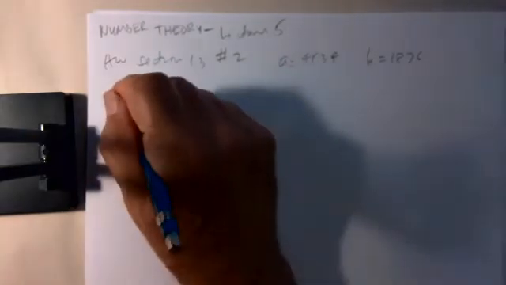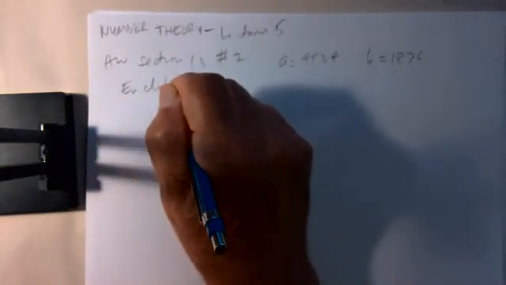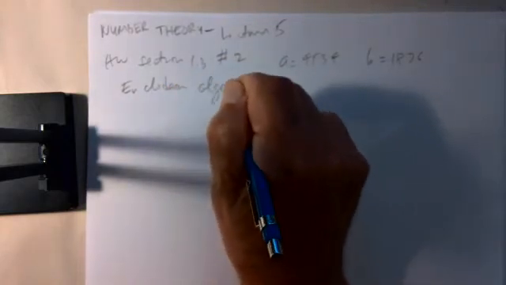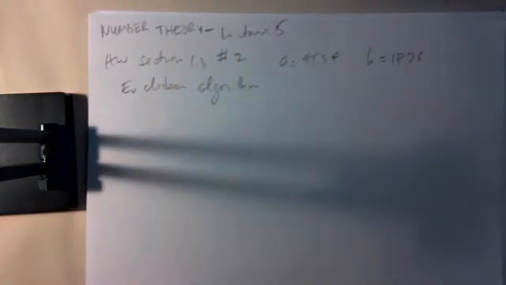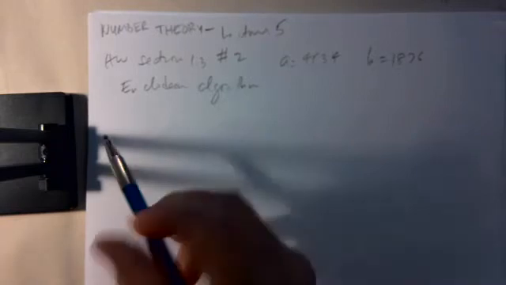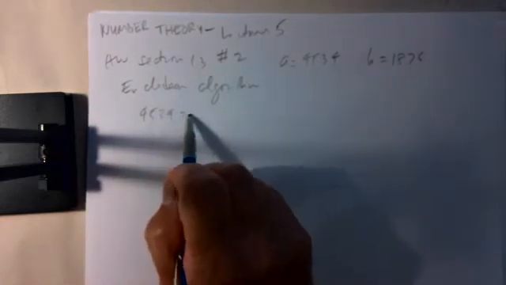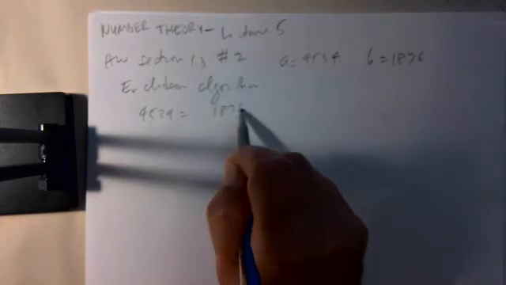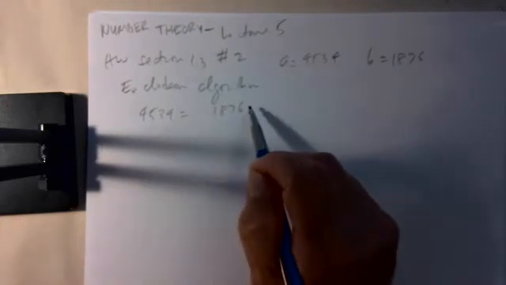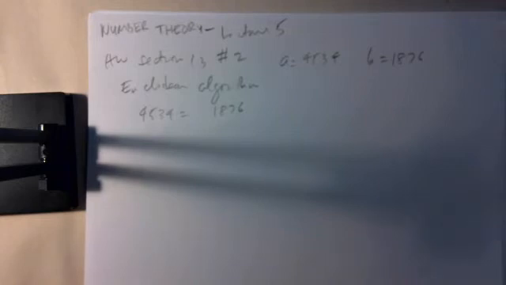So if we apply the Euclidean algorithm to find the greatest common divisor, it's just successive divisions. So if we take 4,534 and divide it by 1876, I think that goes 2 times, with a remainder of 782.